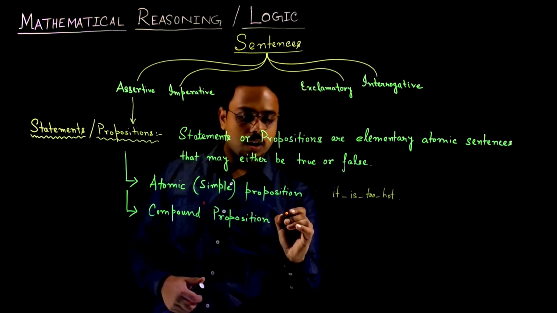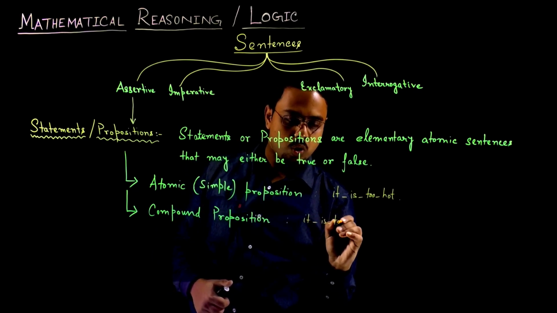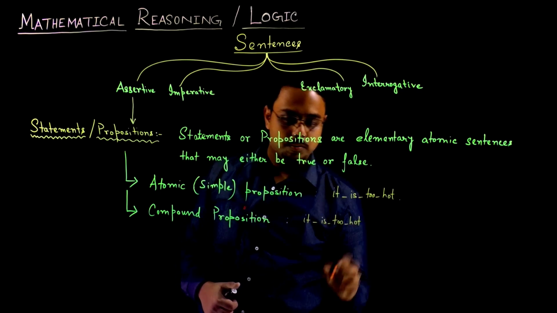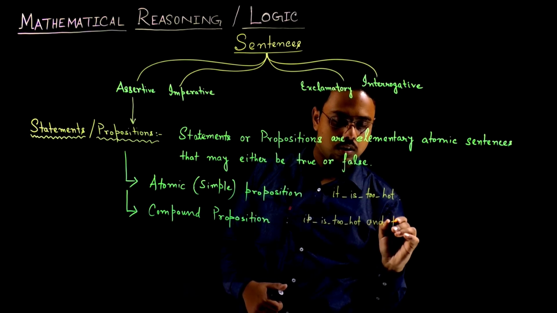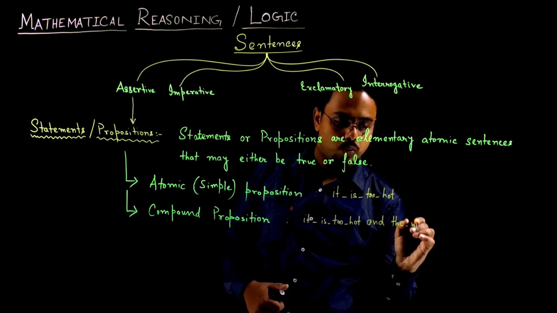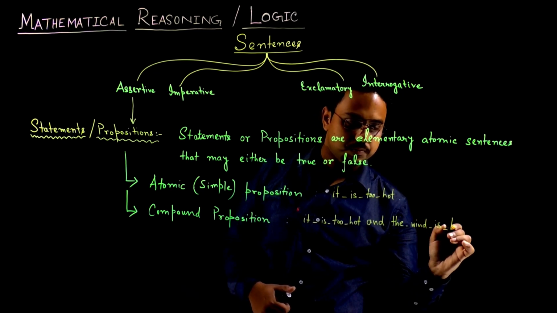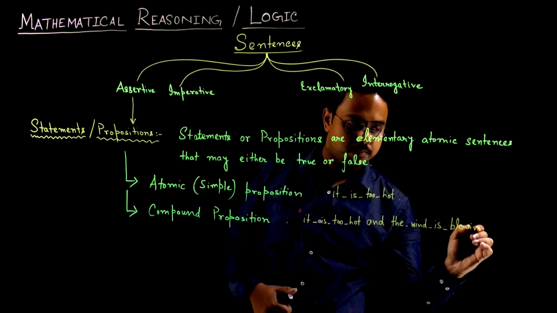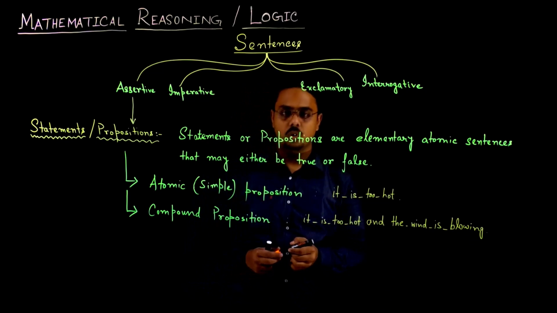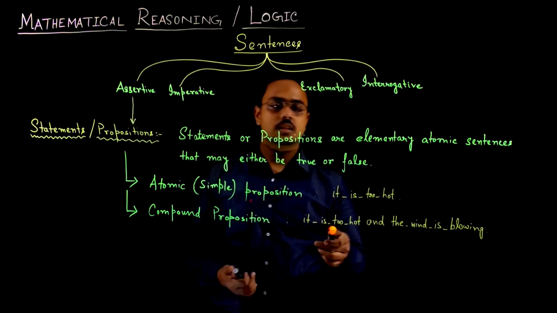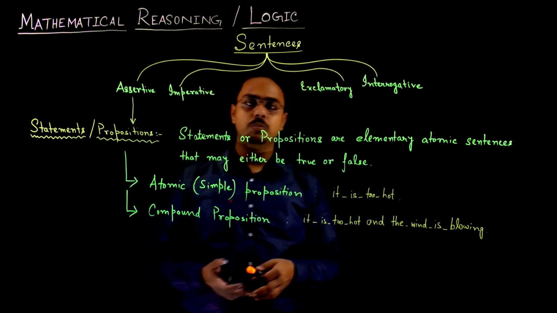And a compound proposition is, it is too hot and the wind is blowing. Okay, so these are some of the examples of atomic proposition and compound proposition.